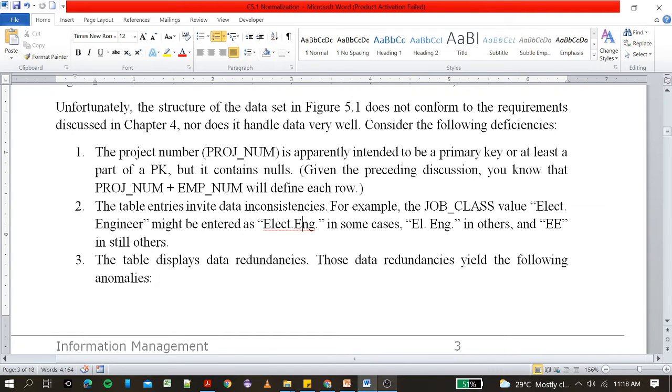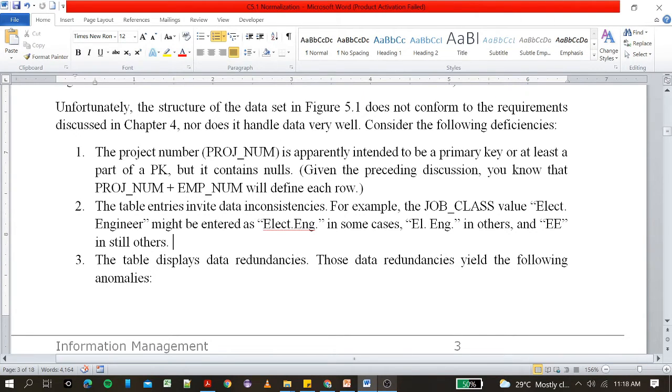Like for example, minsan naka-abbreviate siya, o maaaring engineer, naka-abbreviate lang yung electrical, or minsan ay parehong naka-abbreviate ng ganito. So, ang mangyayari, magkakaroon ng inconsistency dun sa entry ng data na yun.